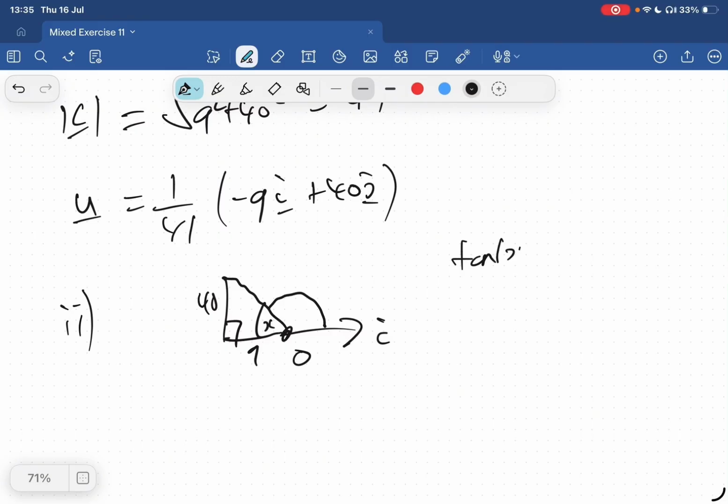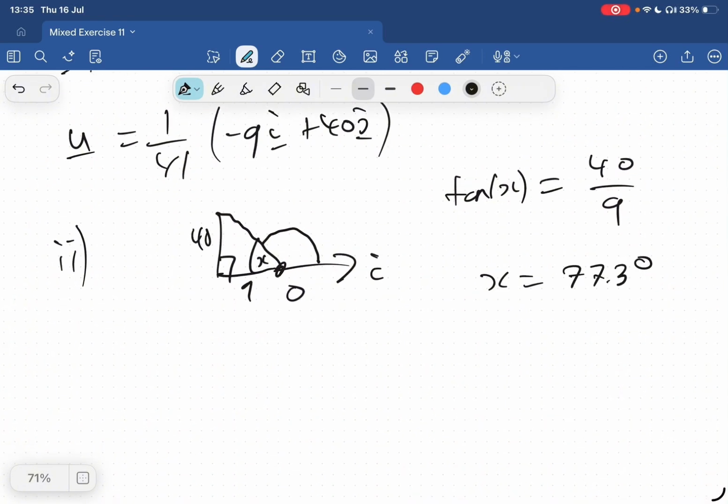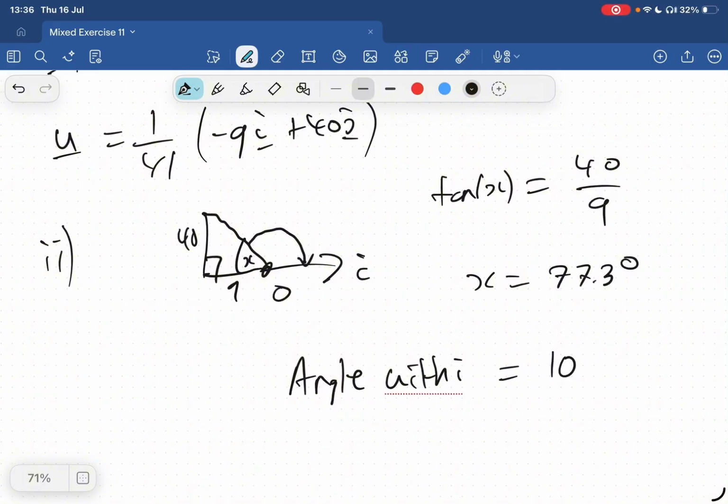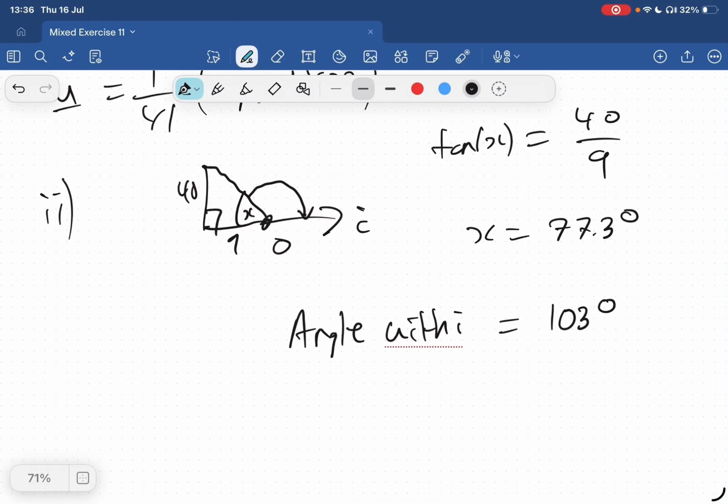Tan of x is opposite over adjacent, so x is tan inverse of 40 divided by 9, which gives us 77.3 degrees. But we want the angle it makes with i, so the angle with i equals 180 take away that, which is 103 degrees. And yet again, we label it above, because you could have 103 degrees going below.